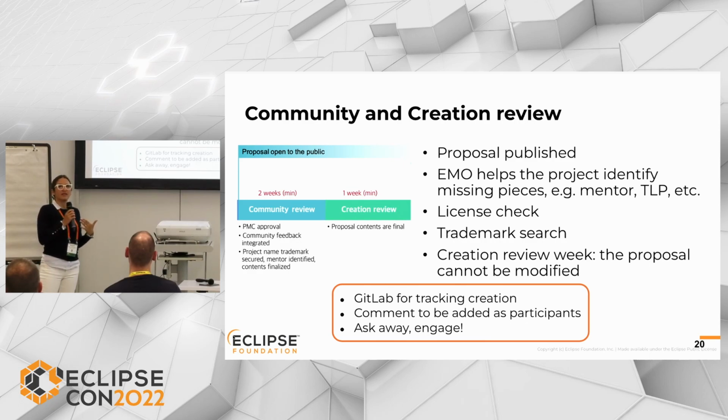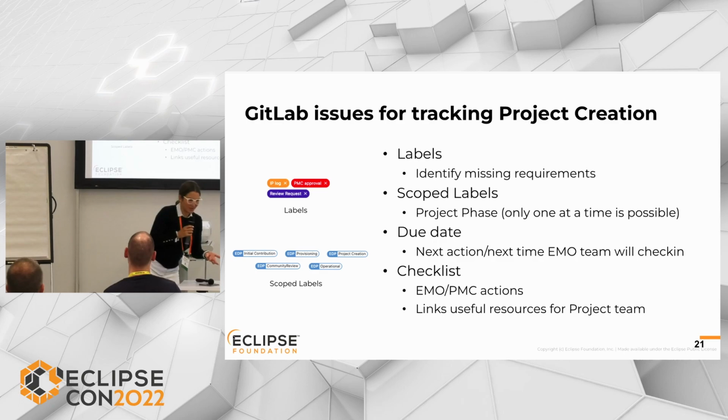It has been defined as a minimum time by the Eclipse Development Process to complete this community review, and then we need an extra week for the creation review, where the contents of the project proposal are final and they are locked. So you cannot modify your proposal anymore, and that's the time where you sit and you wait to see if you receive some pushback or some encouragement from the community, or sometimes just nothing. Most of the time, that's a good sign, actually.